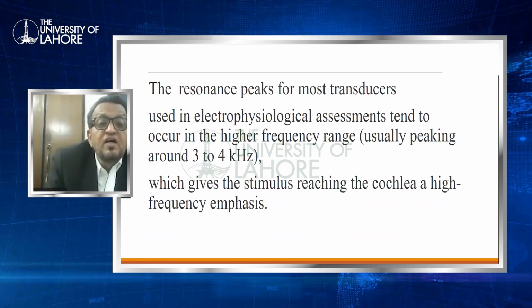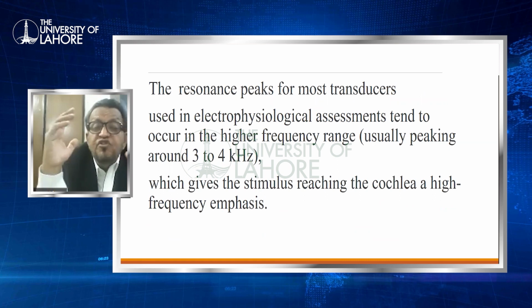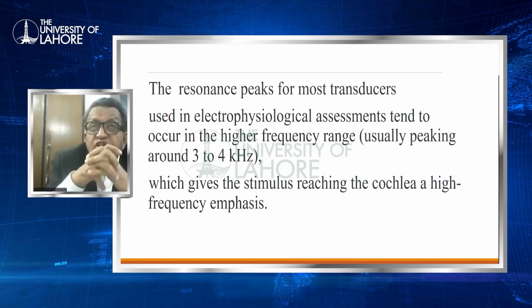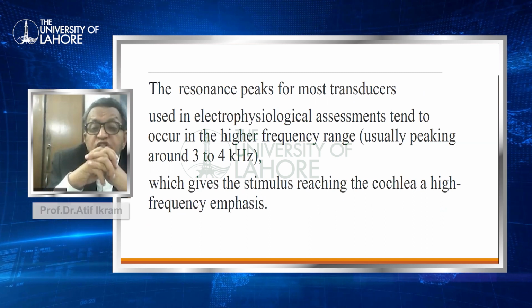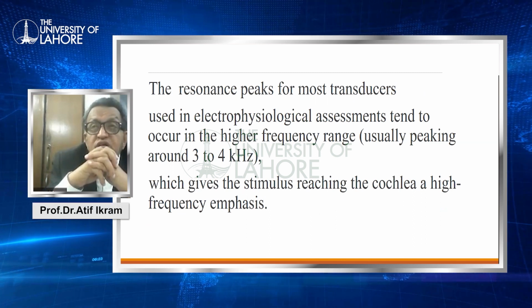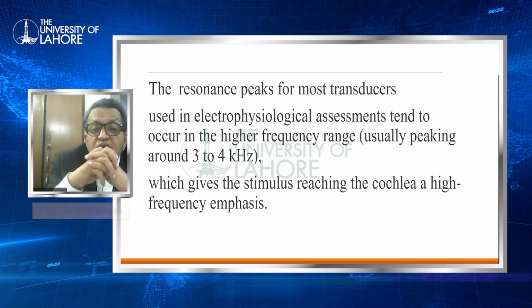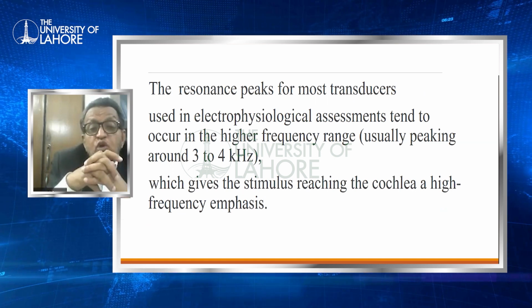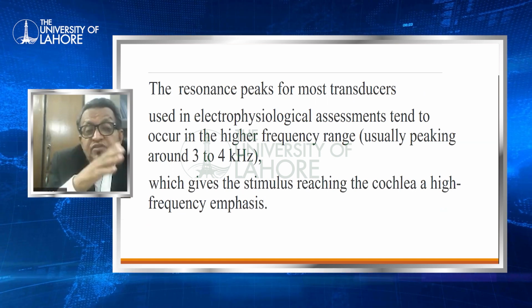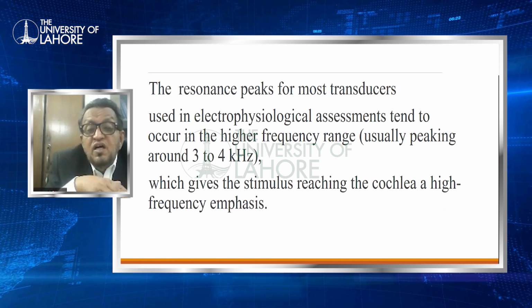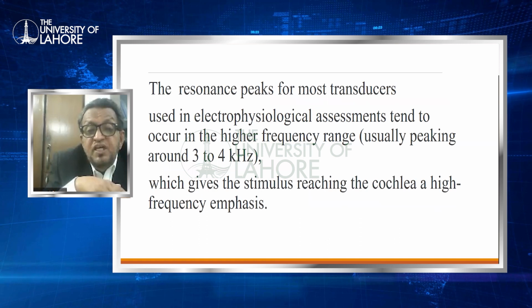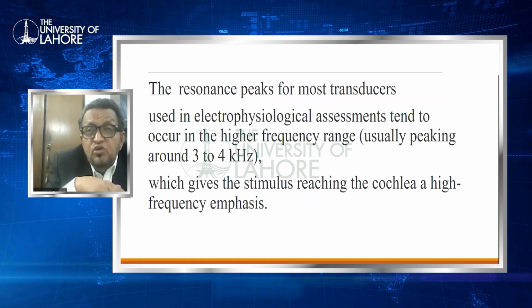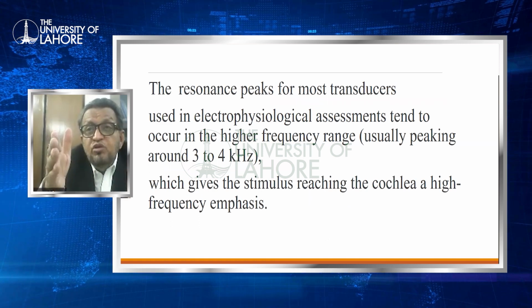The resonant peak for most transducers used in electrophysiological testing tends to occur in the high frequency range, usually peaking at 3 to 4 kilohertz. The transducer's resonance peak is also at 3 to 4 kilohertz. The click is between 2 and 4.